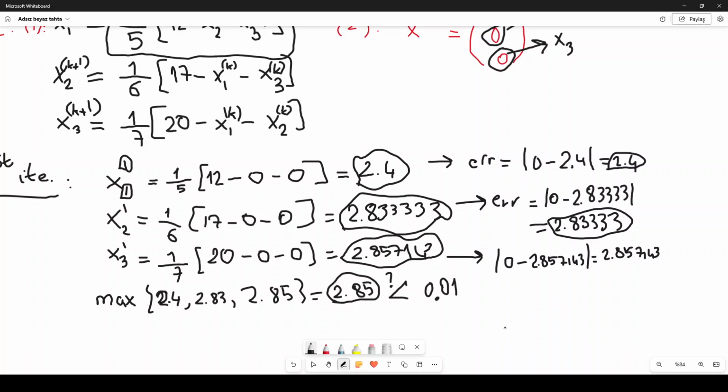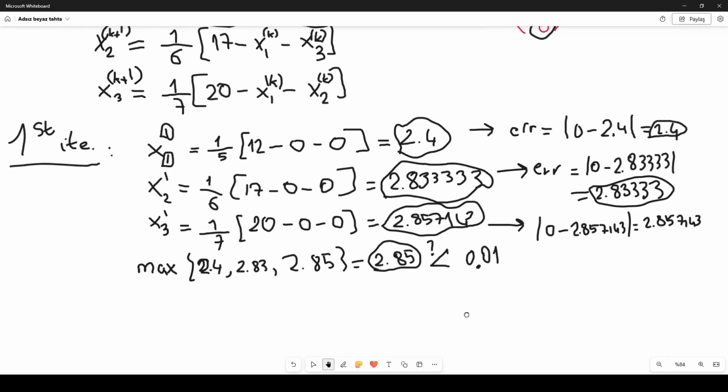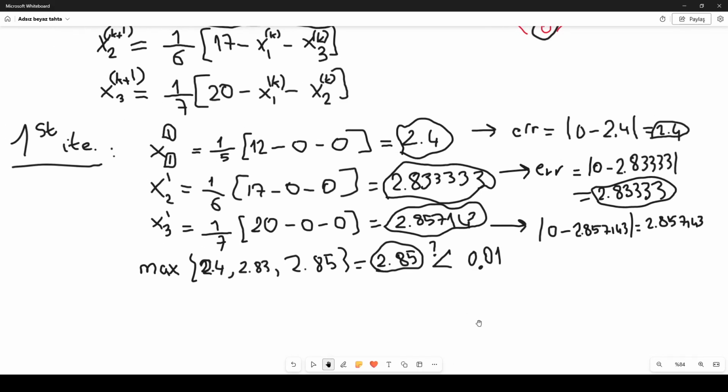But in our case, as you notice, in the second iteration we are not below the error tolerance, our predefined or pre-assumed error tolerance. And in this case, I assumed that we apply 1 over 100 error tolerance, right? 0.01. So this is my error tolerance.